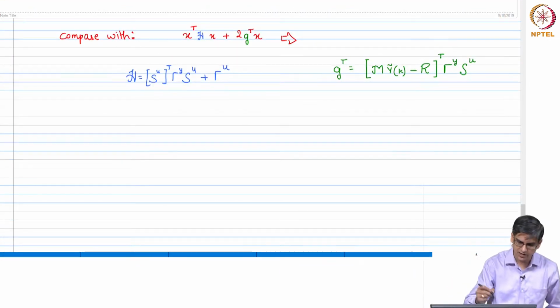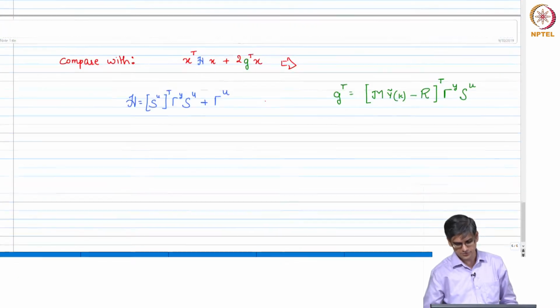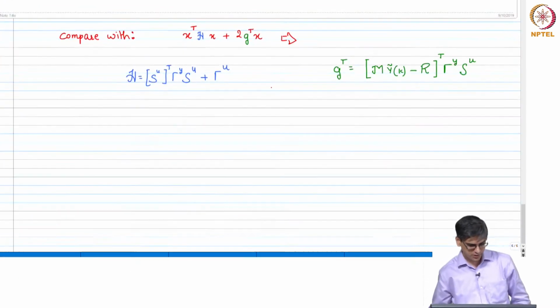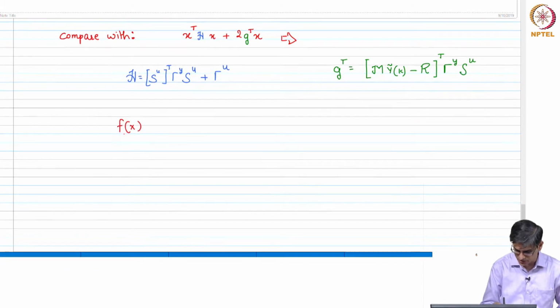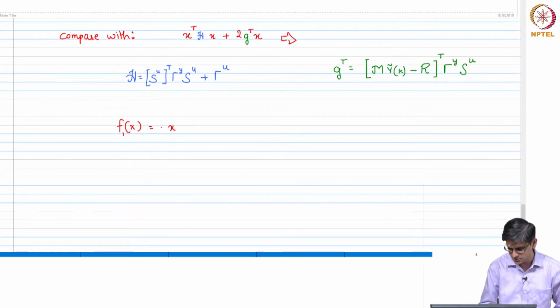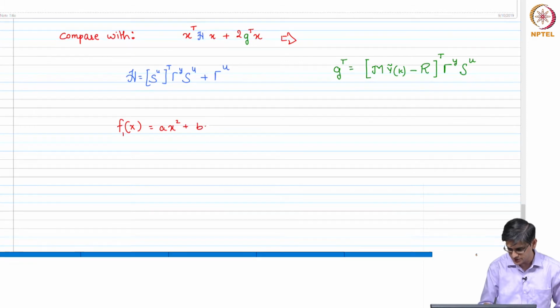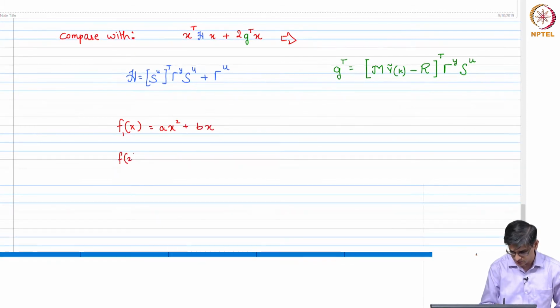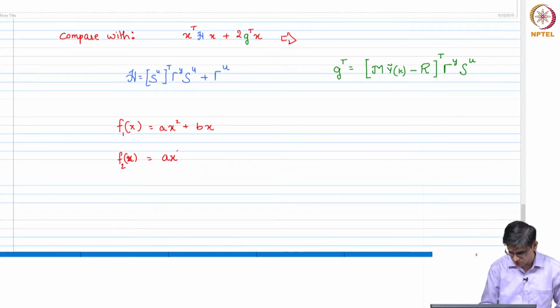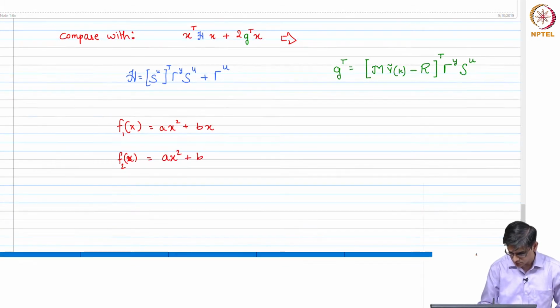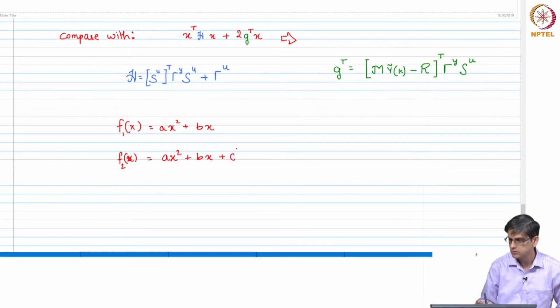The question, why have we ignored the term without delta u, right. So, if you have a function f of x, or f1 of x is ax square plus bx, and f2 of x is the same plus a constant c.